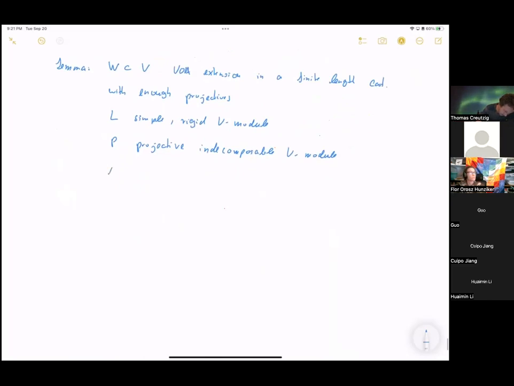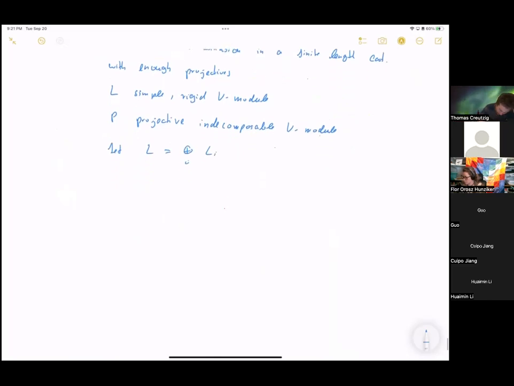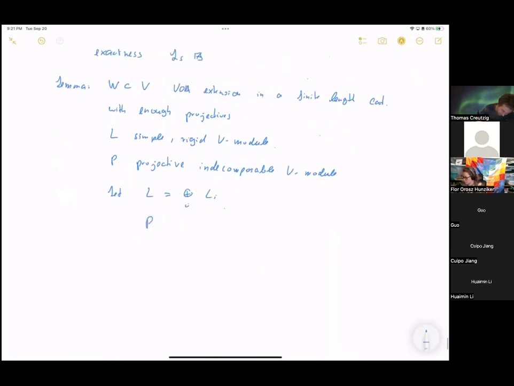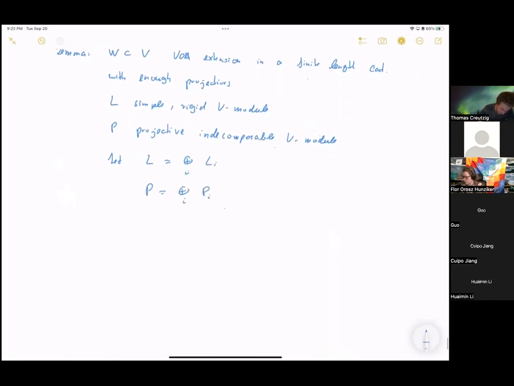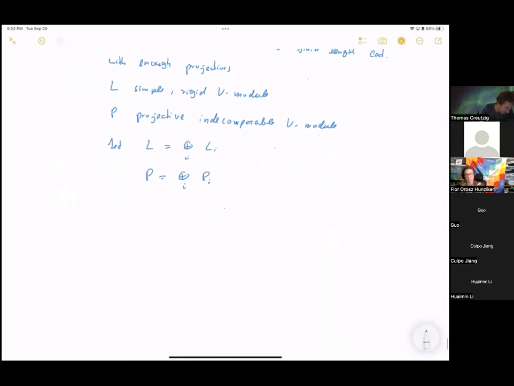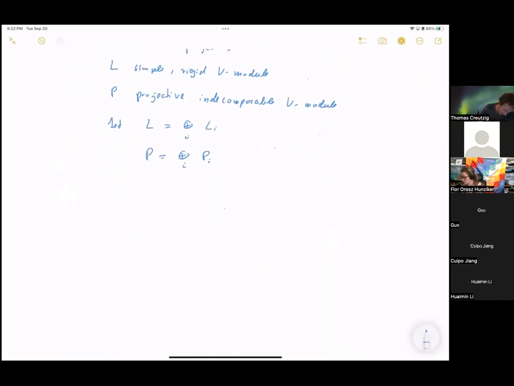Let L be a direct sum over some index set of Li of W modules, and P also a direct sum of W modules. Now, assume that we know the fusion product as W modules for a summand.